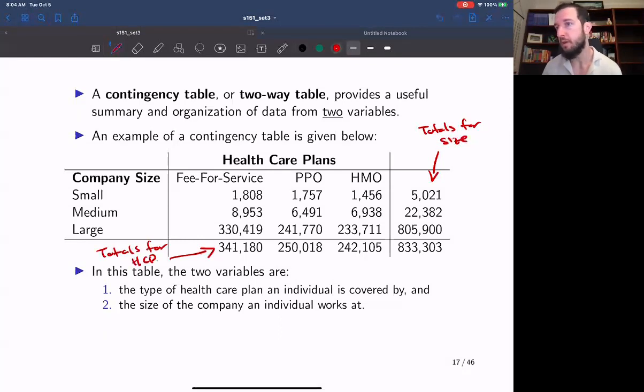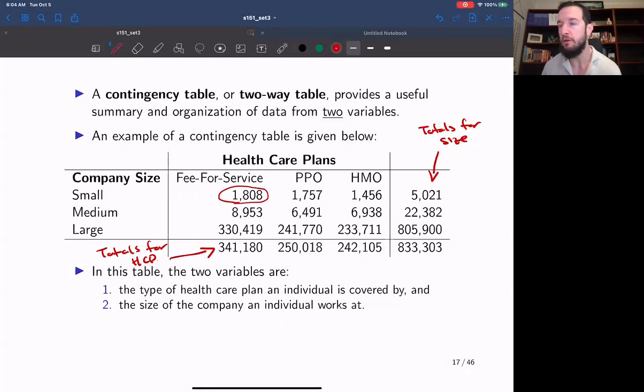And inside the table, what we have are counts of the intersection between the different outcomes for each variable. So for example, this first value here is the total number of companies that are both small and have a fee-for-service healthcare plan.